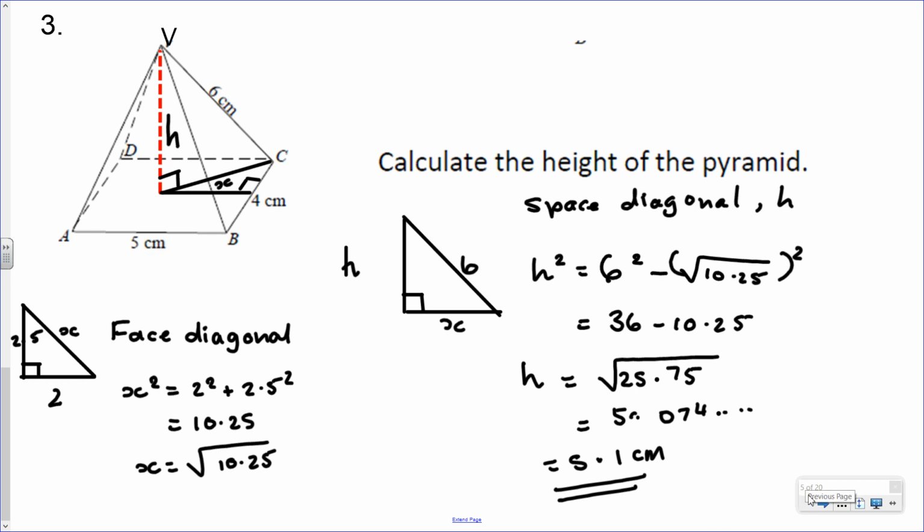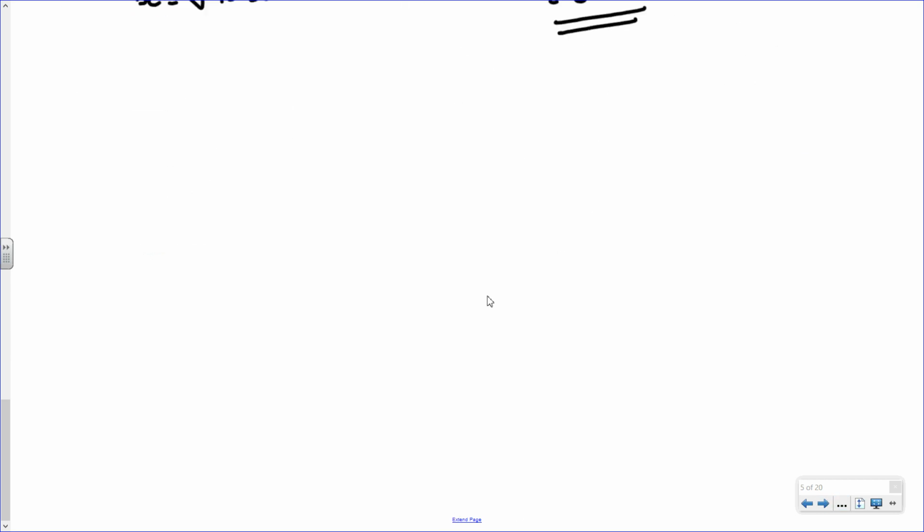So let's just review the steps that we need. If we're dealing with a cuboid, which is probably the more popular question, certainly in previous years, though not the only thing that could come up, we want to think first of all about the diagonal we want to find the answer to and what we require from that.